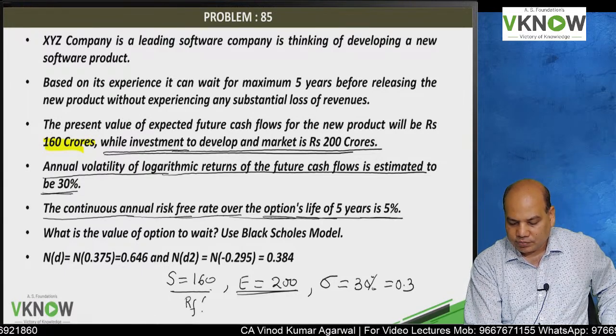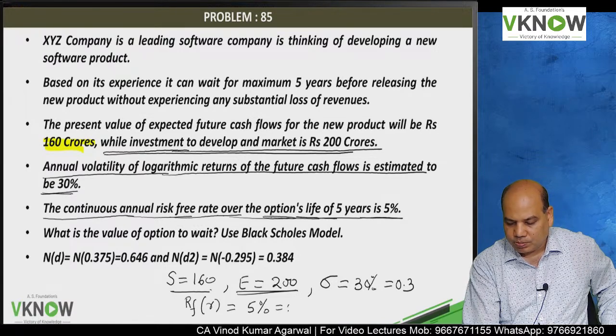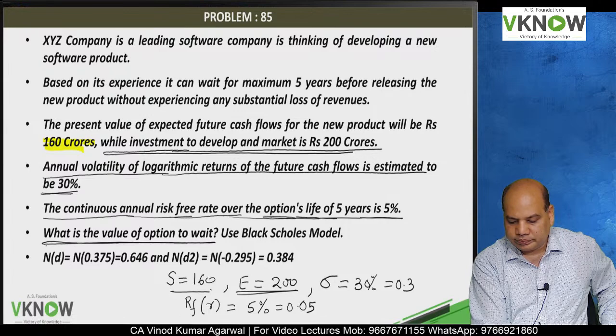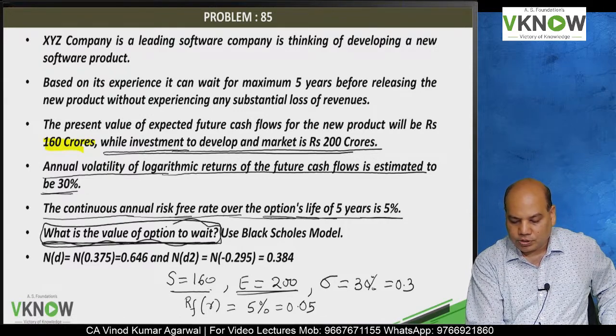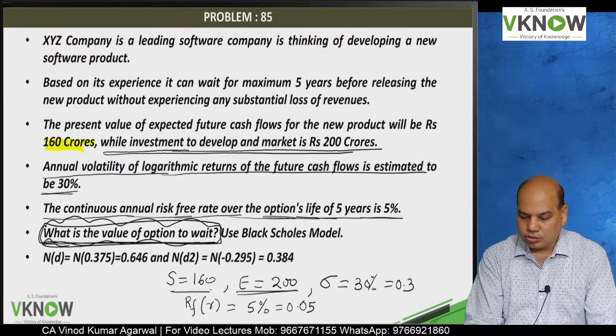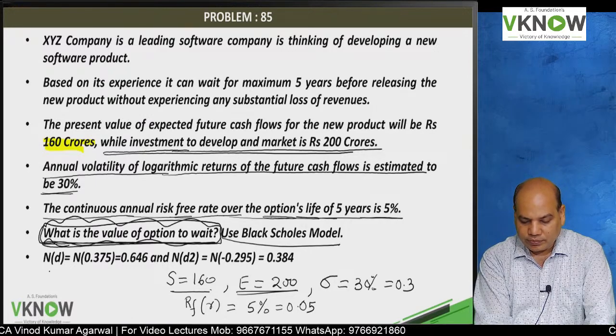So R is 5% or 0.05. What is the value of the option to wait? So it is like finding the value of a call option. Use the Black-Scholes model to make your life easier.